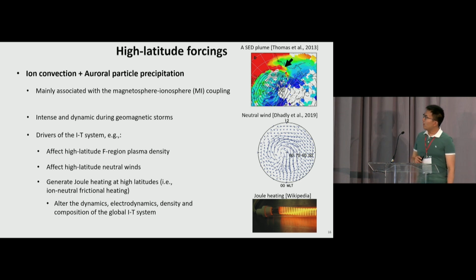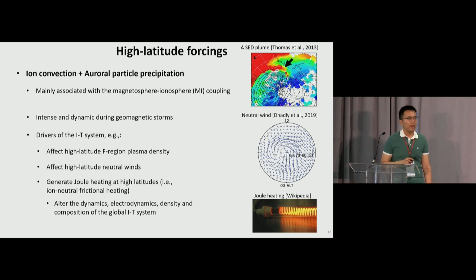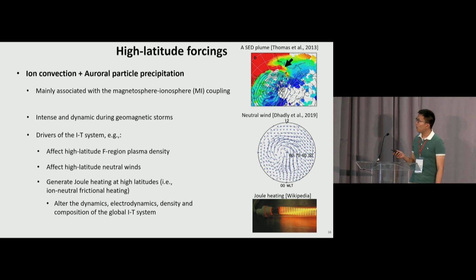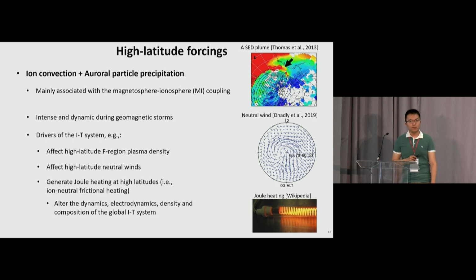Both the ion convection and auroral particle precipitation are associated with the coupling process between the magnetosphere and ionosphere, and they can be quite dynamic and intense during geomagnetic storms. So the high latitude forcings play an important role in IT system variations.